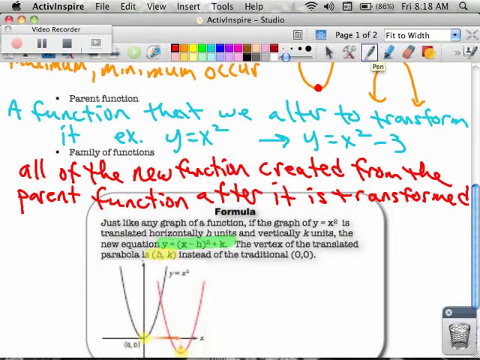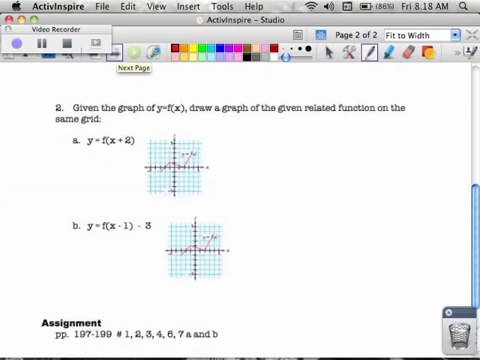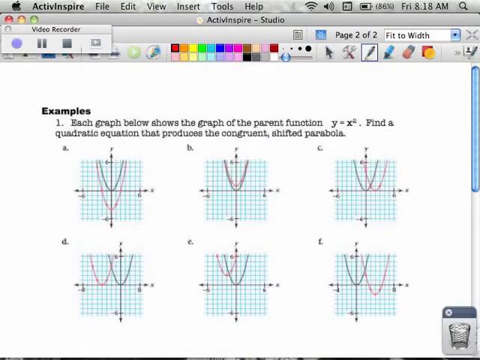So this hk is talking about the vertex that we begin with or where we end up. And what I'm going to do is I'm going to show you some examples of how that works so you can see what's going on with the movement. Kind of like what we did earlier where we did transformations with the absolute value. So let's look at some examples. So all of the examples here, we see a graph that's a parabola.